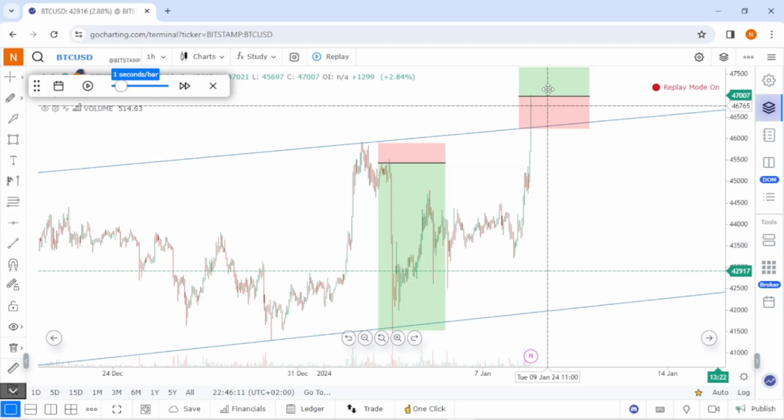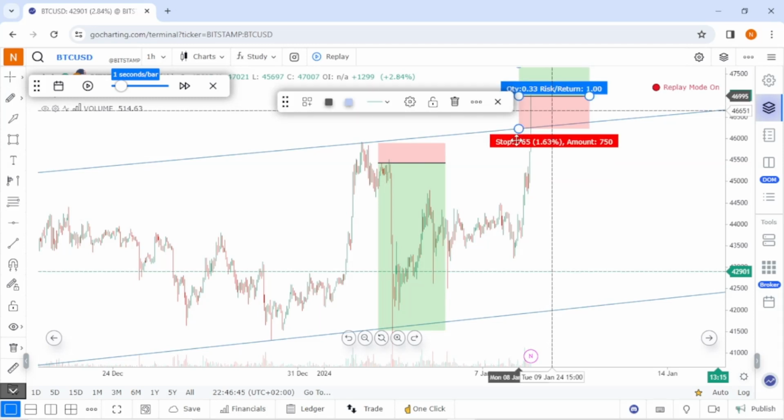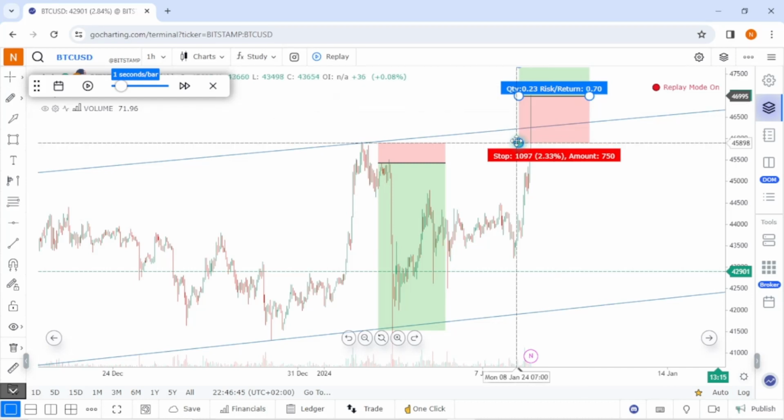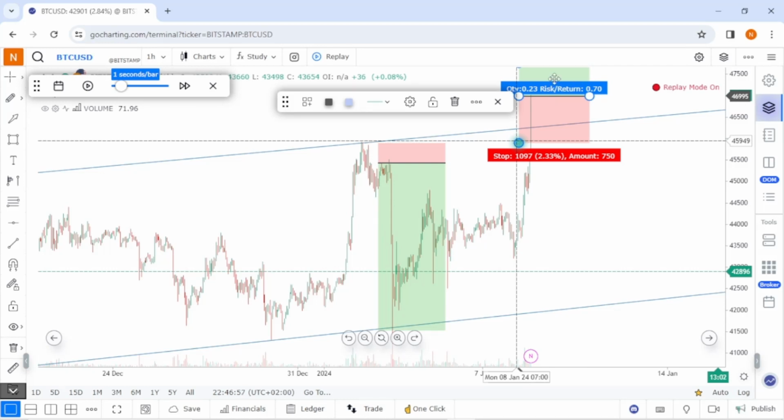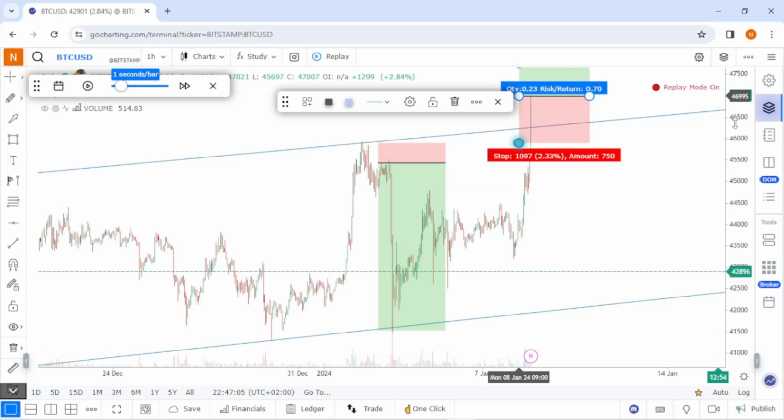Okay, and now look at what would have happened. I'm gonna play it for you in real time. Ideally, this is where they would place their stop loss, which makes sense only if you've gotten a proper confirmation that we're going for a buy. But now they place their buy positions here without proper analysis, right?